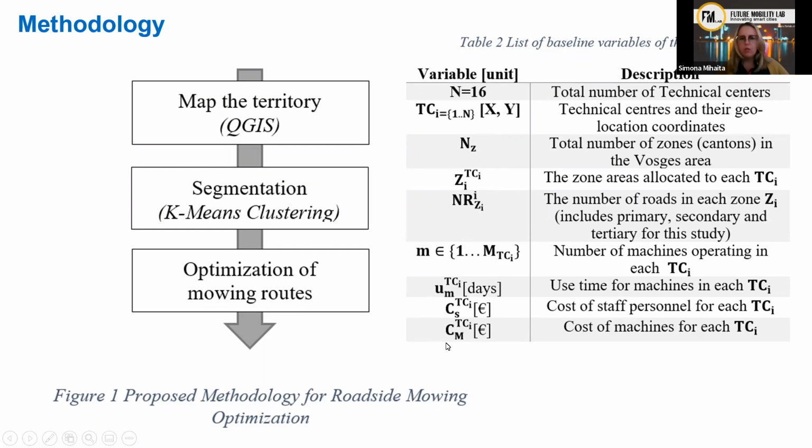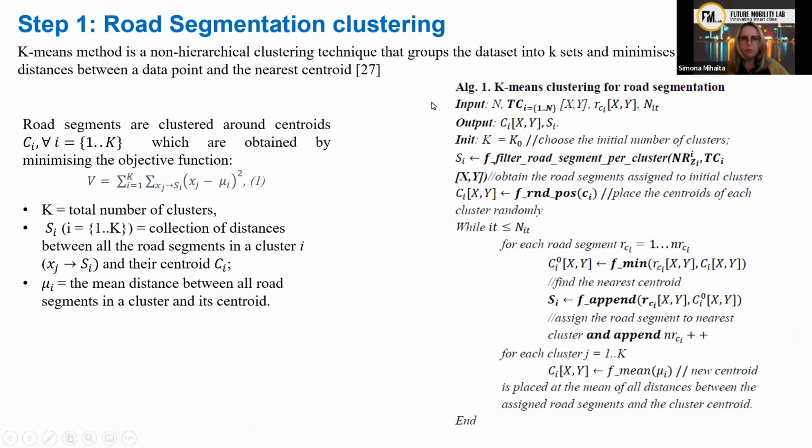And the last three parameters are very important. These are the ones provided by Noremat: the use time for machines in each technical center, the cost of staff personnel for each technical center, and the cost of maintaining and using those machines for each technical center. So these are some introductory variables.